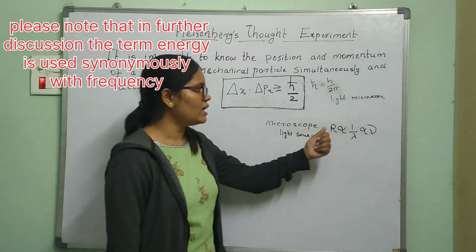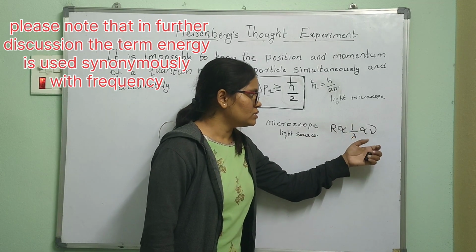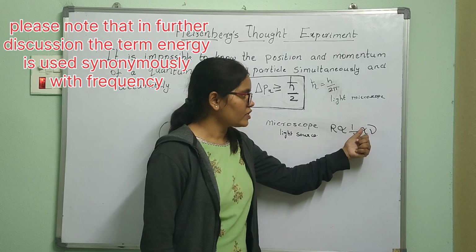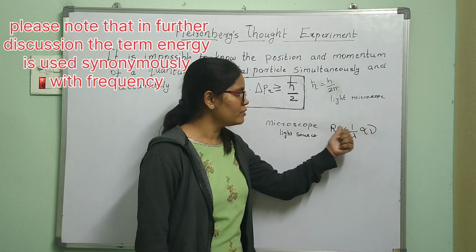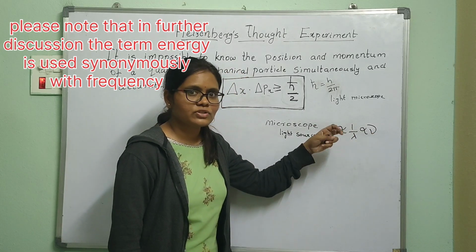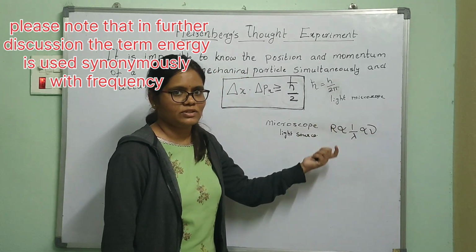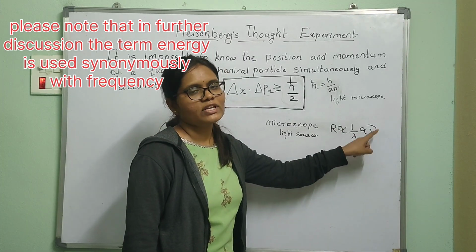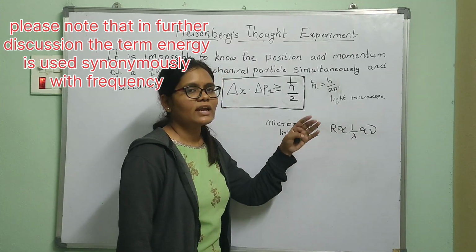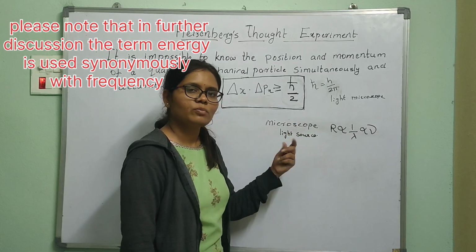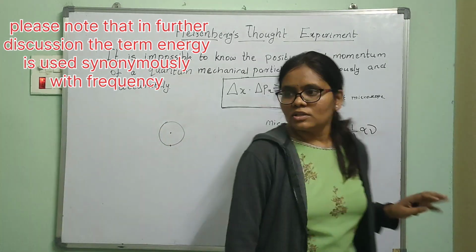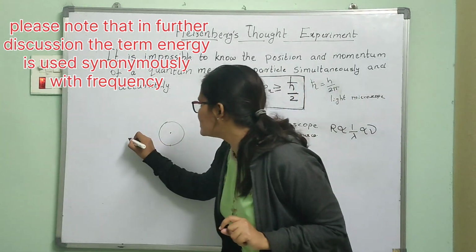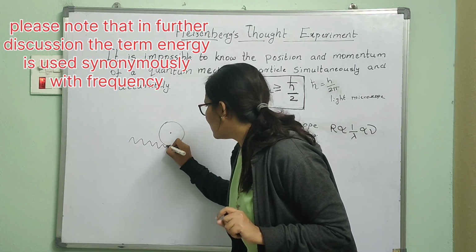But if you are using a light source of higher wavelength, lower energy or lower frequency, you will get a resolution of lower clarity. So a light source with higher frequency will give you good resolution, and a light source with lower frequency will give you poor resolution.